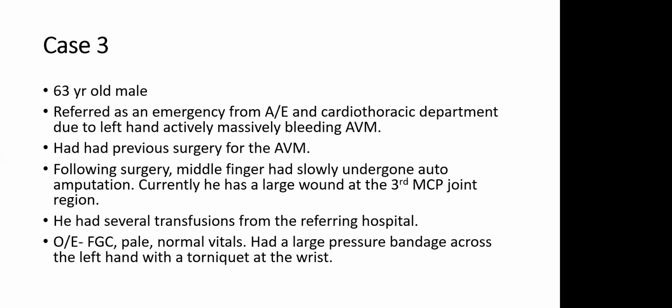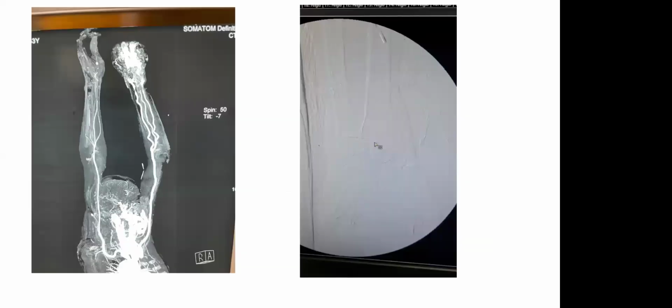Next slide. Yeah, so here you can just see this CT scan with 3D reconstruction. This is his right hand. You can see the normal anatomy of the vessels. And then when you look at the left hand, you can see that the axillary, the brachial, the ulnar, the forearm vessels, that's the ulnar and the radial arteries and the interosseous are huge.